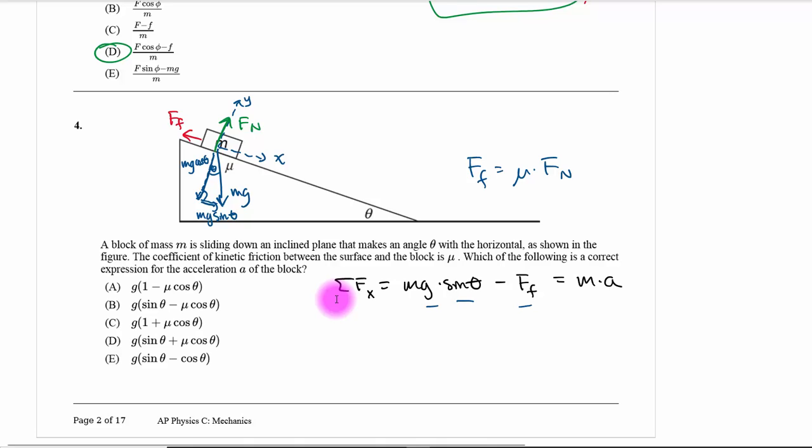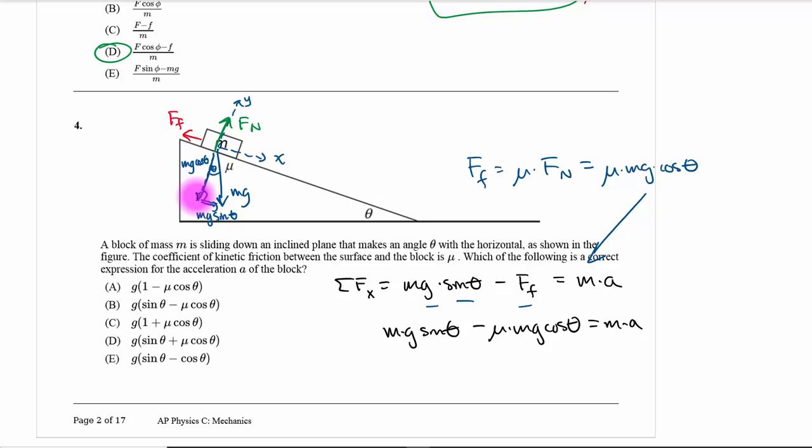In the vertical direction, I don't need to write out the full solution here, but we've gone through a couple of times that the normal force is balancing mg cosine theta, the crushing component. So the force of friction would be mu times mg times cosine theta. If I substitute that down below, I have m times g sine theta minus mu times mg cosine theta equals m times a.